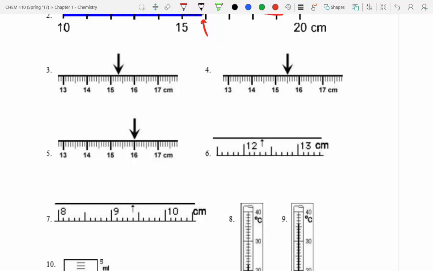The most important thing to check with your partner is that you have the same number of digits in your measurement, right? So if you've got it at the hundredths place, make sure your partner does too. Or if you've got it at the tenths place, make sure your partner does too. And then if you agree with your partner, give me a thumbs up. Handful of thumbs.